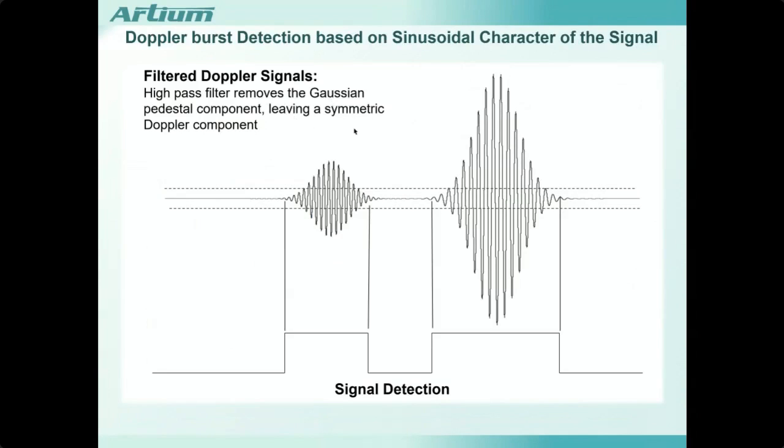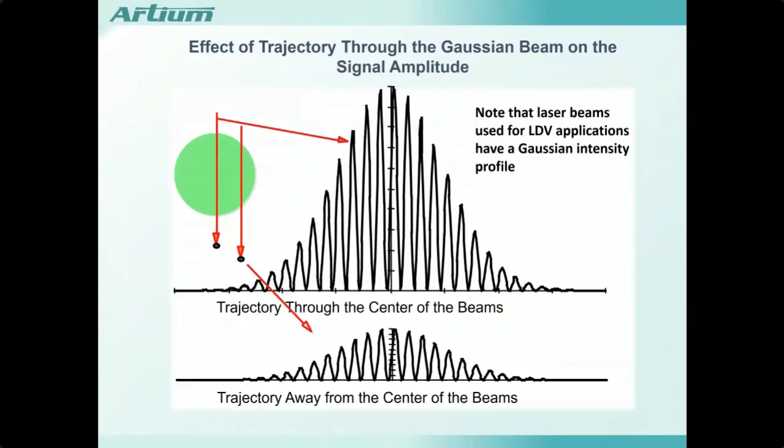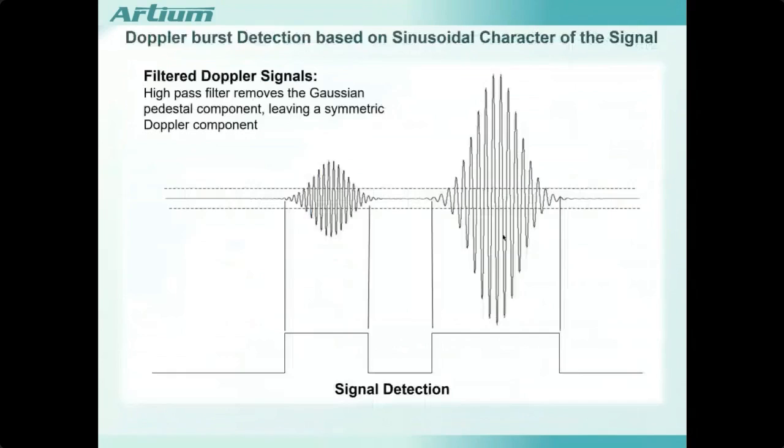When we process the Doppler signals, we typically use a high-pass filter to remove the Gaussian pedestal. So what we're doing is taking the Gaussian pedestal, which we're calling this envelope, and removing that to produce a symmetric signal. And it's that symmetric signal, which we call the Doppler component of the signal, that we're going to base our measurements on.